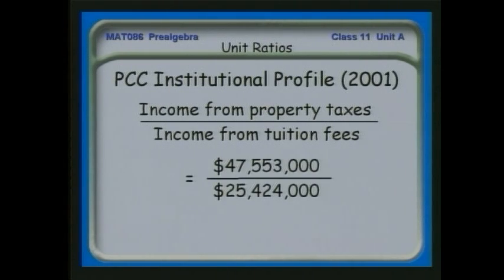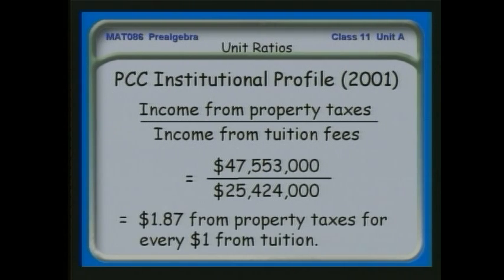When I looked at that, I found that was $47,553,000 from property taxes for every $25,424,000 from tuition fees. When I worked this out as a unit ratio by dividing the 47 million figure by the 25 million figure, I found out that we get $1.87 from property taxes for every dollar we get from tuition.